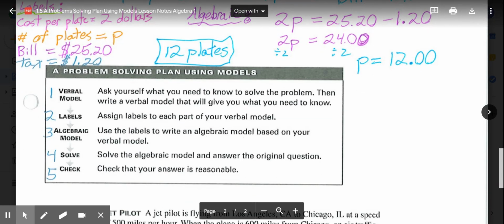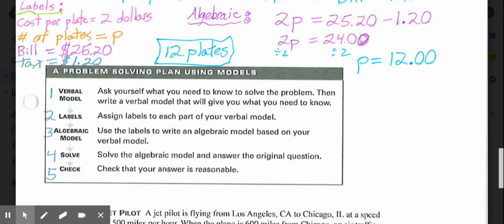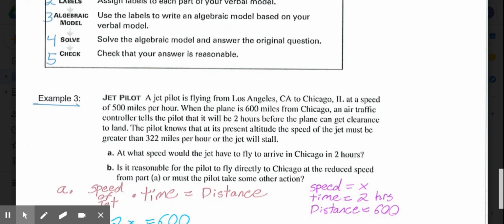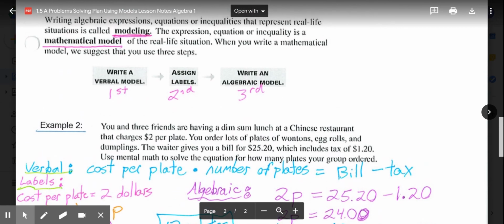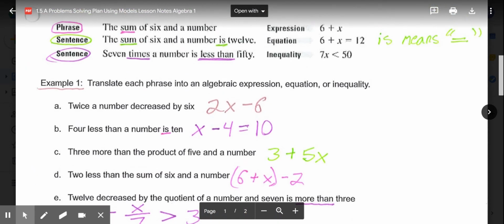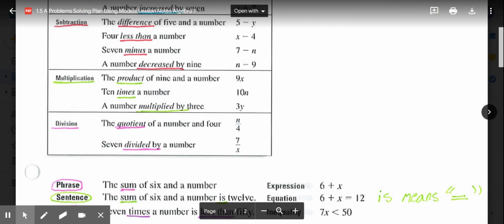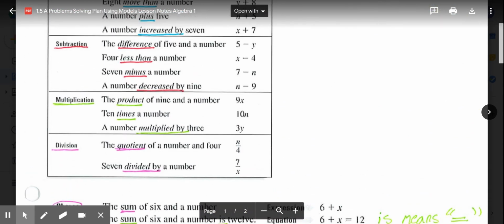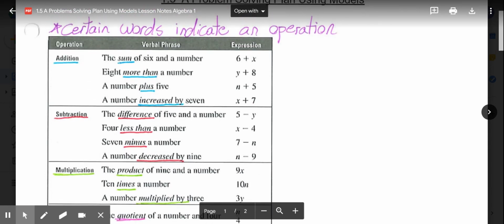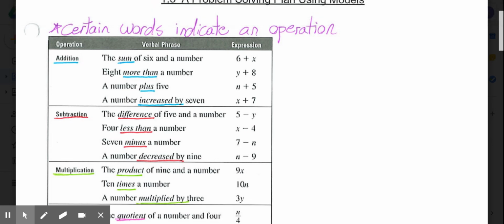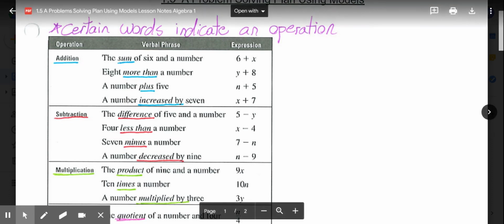For the solve and check, you should just check to see if your answer is reasonable, and once you come up with it, does it make sense based on the problem? But the biggest point of today's lesson and the most important pieces are these vocabulary pieces, verbal phrases that tie back to our operations and help us come up with the ability to model and solve different word scenarios.